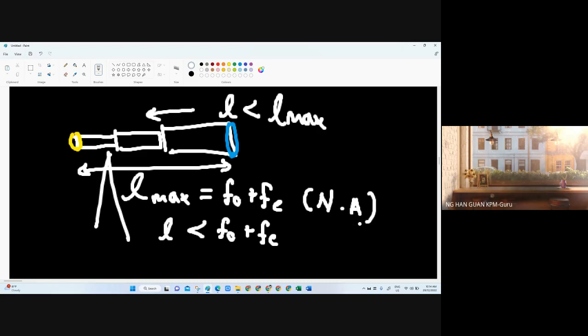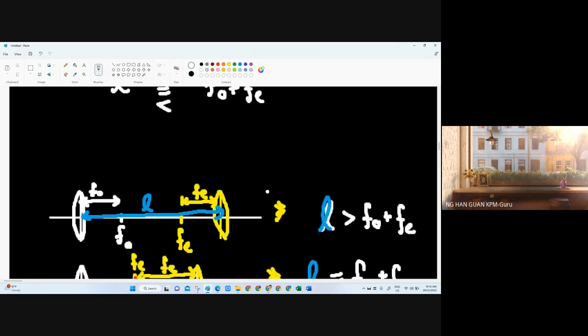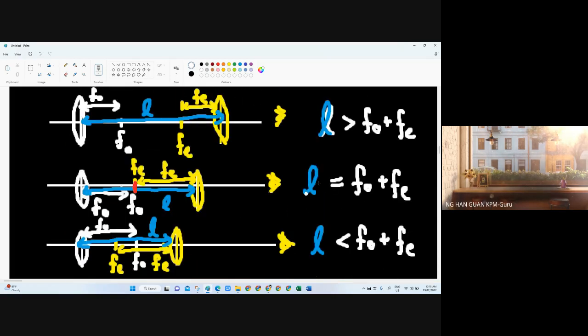Because FO plus FE is the max already, other than that we have to pull it back, and when pulled back, it will be less than FO plus FE. So just now we have the different results. When it's equal, that is the max for the telescope.